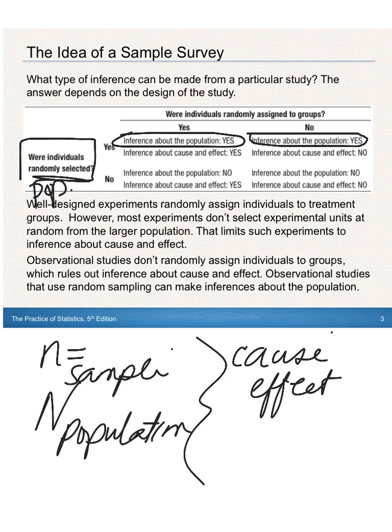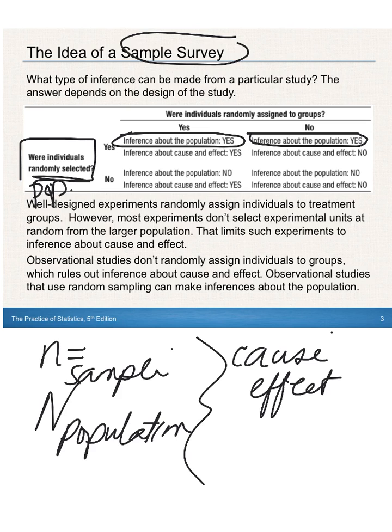Otherwise, the sample can only talk about the sample. So that's when we have sample surveys. We do a good job of randomly selecting with a simple random sample, with a stratified sample, with cluster sampling, where we're talking about everyone in that population has the same chance of being chosen. If that's so, then we can make inferences about the population.